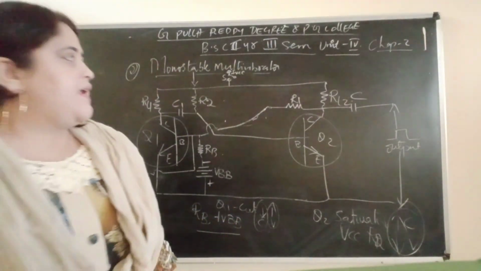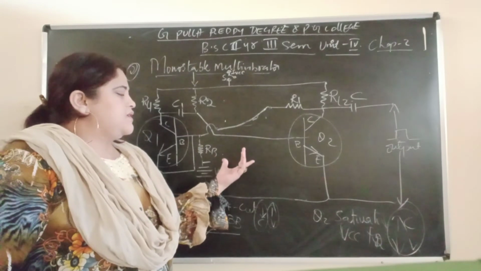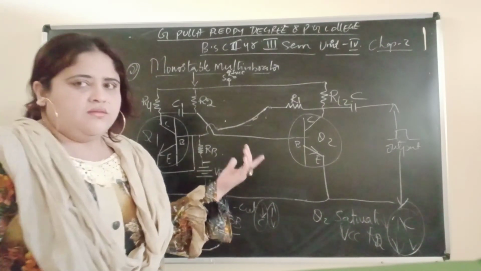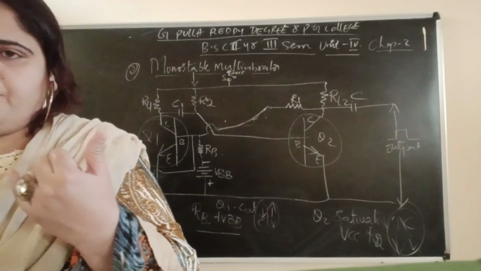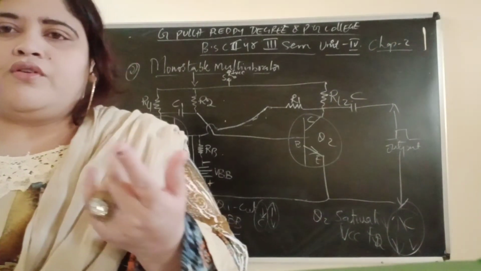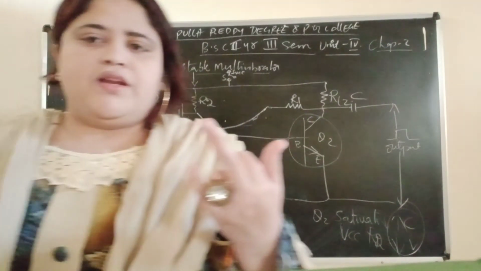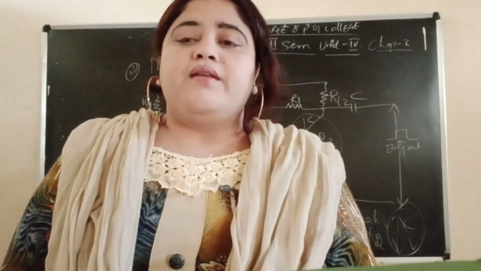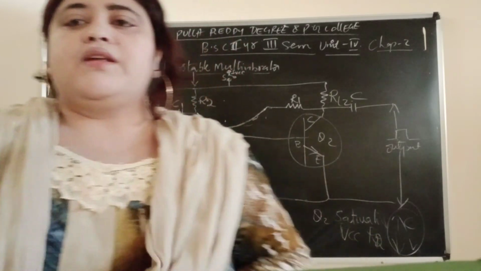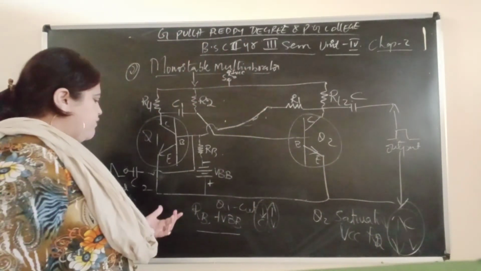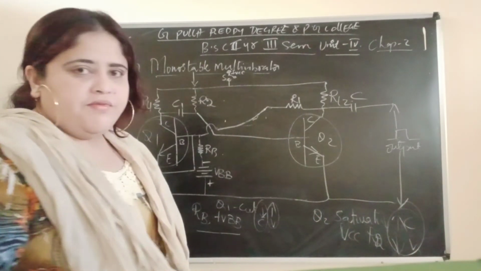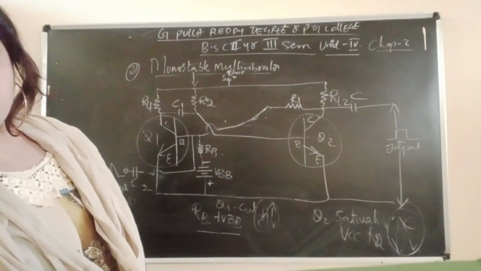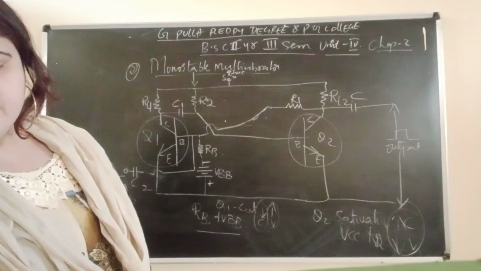So what will we tell in the circuit description? The above circuit consists of two transistors, Q1 and Q2. Transistor Q1 is in cutoff region because of the resistor RB and plus VBB.